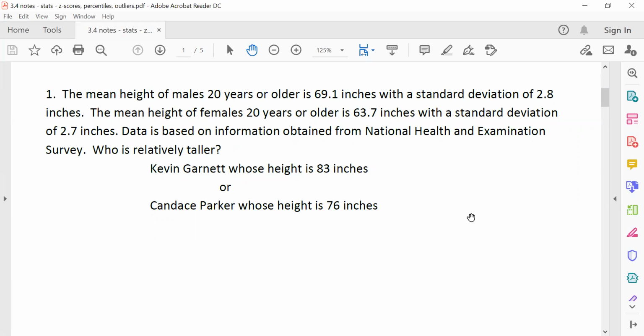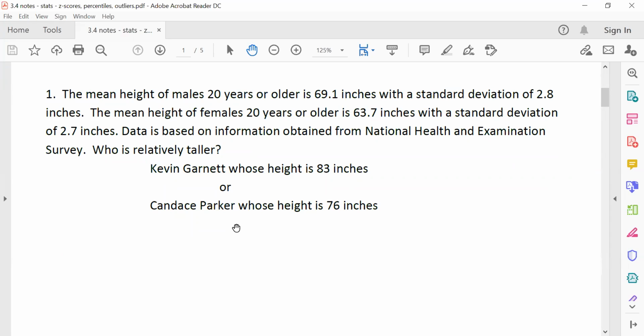So who's relatively taller? These are two basketball players. You have Kevin Garnett, who played for the Celtics, and he was in the movie Uncut Gems last year. He actually acted in the movie, and he was really good. And then you have Candace Parker, a woman in the WNBA, and she's 76 inches, which is pretty tall for women.